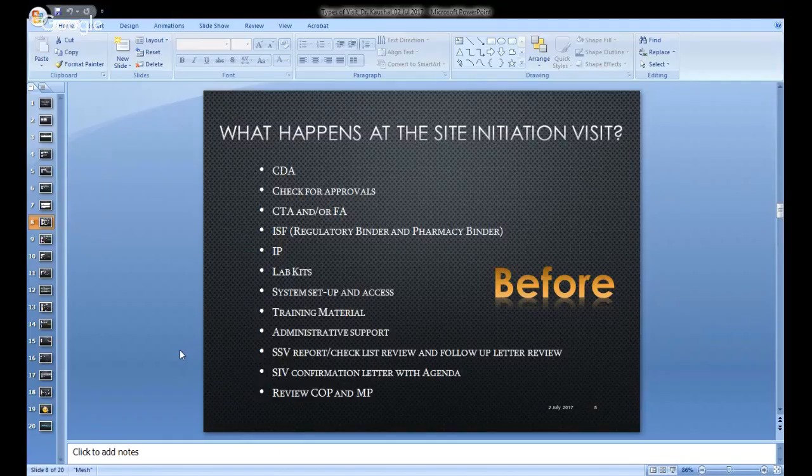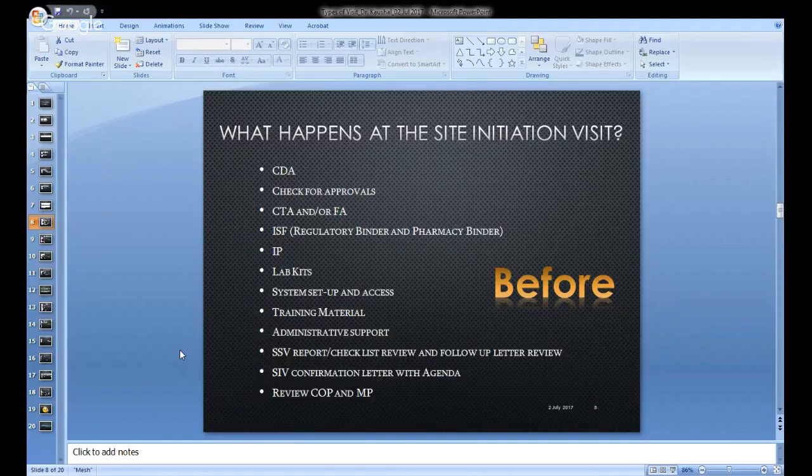So we need a deep freezer, and each and every site might not have it, but the site is very crucial with regards to patient population, other facilities, and the PI. So if the sponsor feels that this particular site needs to be provided, ensure this kind of administrative support is already provided before you go for the site initiation visit.